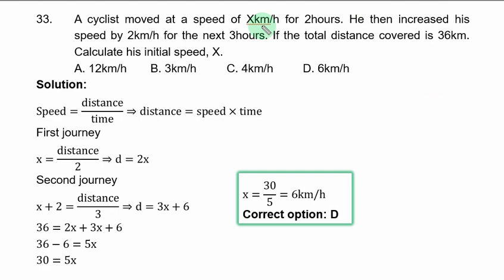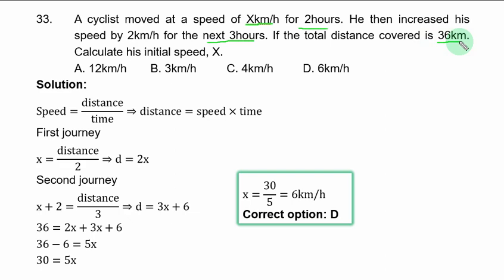Question 33. A cyclist moved at a speed of s kilometers per hour for 2 hours. He then increased his speed by 2 kilometers per hour for the next 3 hours. If the total distance covered is 36 kilometers, calculate his initial speed s.